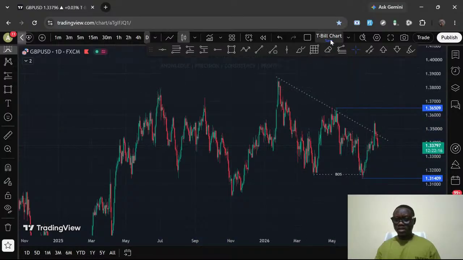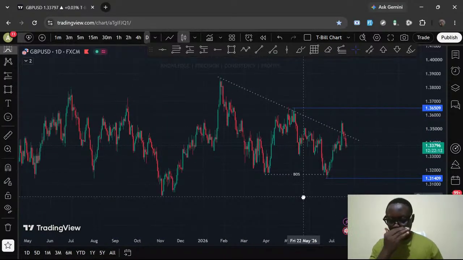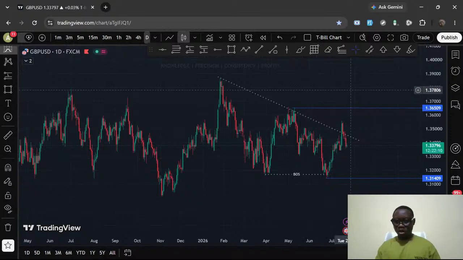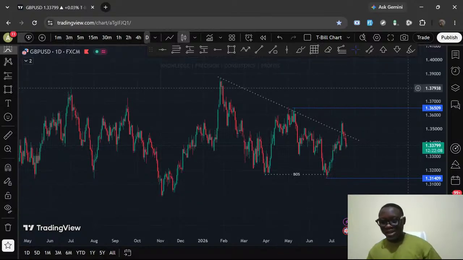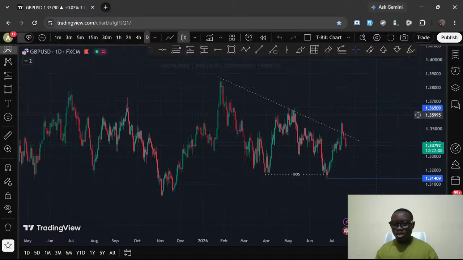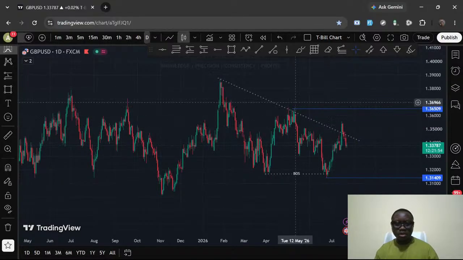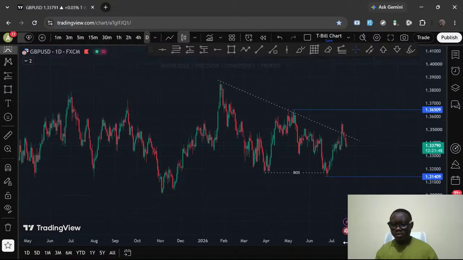Usually for ranging markets, you just want to stay out. Okay, but then looking at a potential sell opportunity since XAUUSD, which is gold, and BTCUSD are all bearish, I'm anticipating a bearish trend on GBPUSD as well, because these pairs correlate sometimes.